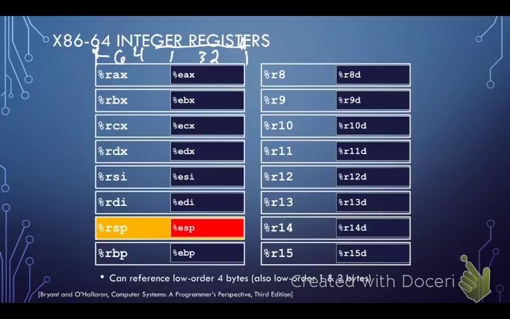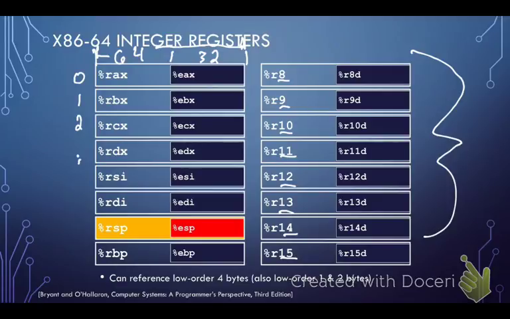An interesting thing happened, though, when they went to the 64-bit extension, they also decided to add 8 more registers. And here we see them using actually a naming convention that may be more comfortable to us. They use numbers instead of these interesting letters that are supposed to suggest names. And they started with 8, not surprisingly, because we're computer scientists, we start counting at 0, and so 8 was the logical place to begin. So we have these other general purpose registers available to us on our 64-bit machines.